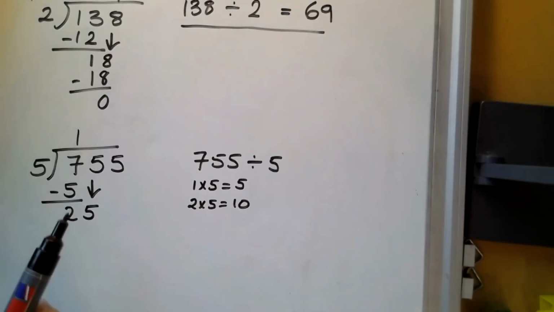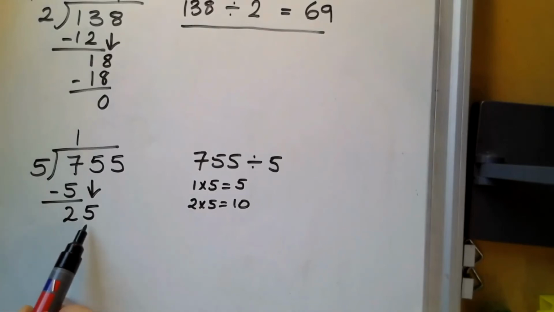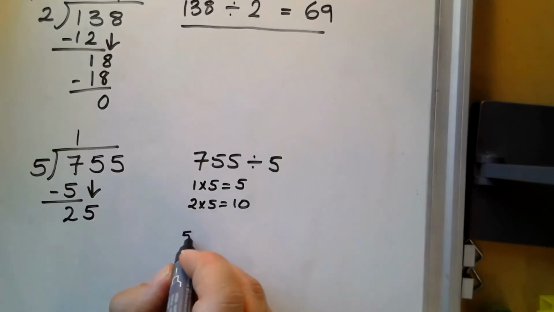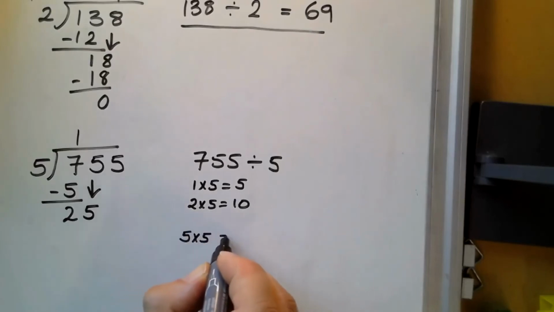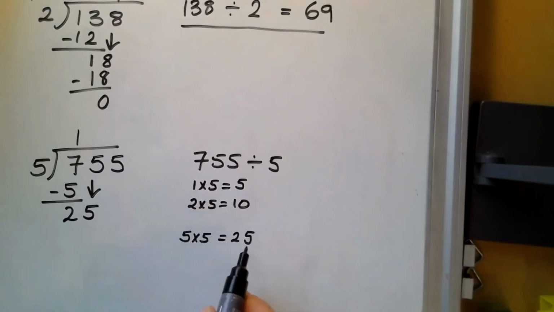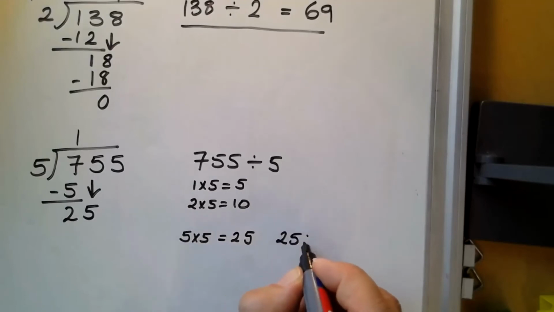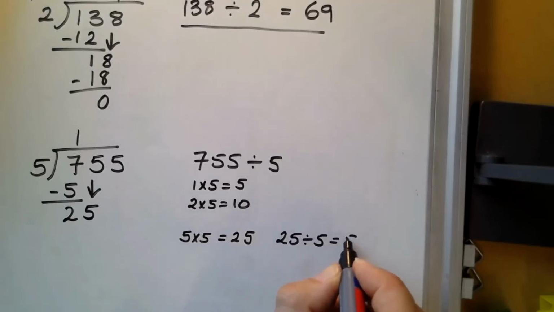How many 5's go into 25 or nearly 25? Well, I know that 5 times 5 is 25. And if you've been practicing your division with your 5's, then you'll also know that 25 divided by 5 is 5.